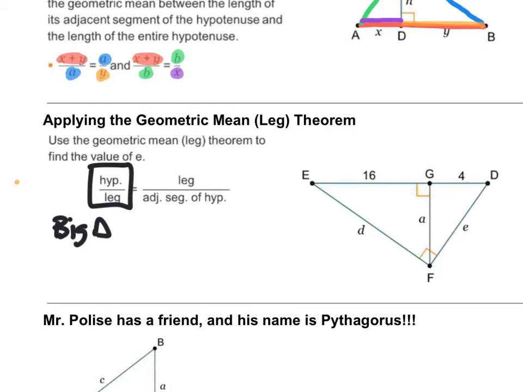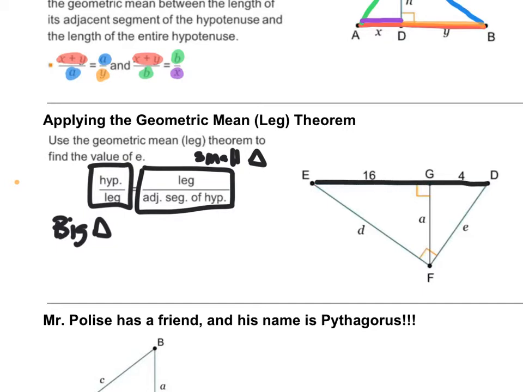So watch how I go through this. I'm going to do the hypotenuse here, so that's the length of ED, which is the length of 20. So I'm going to do 20 divided by the length E.